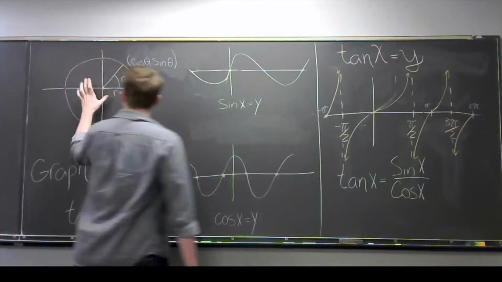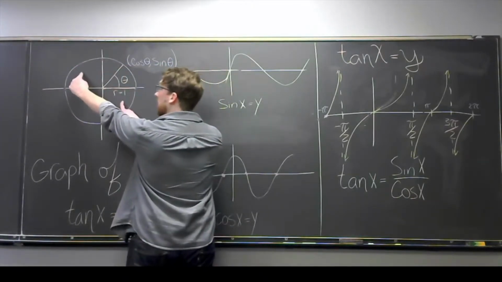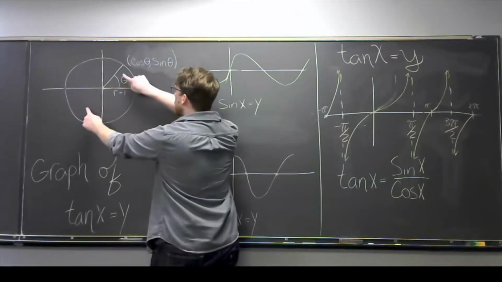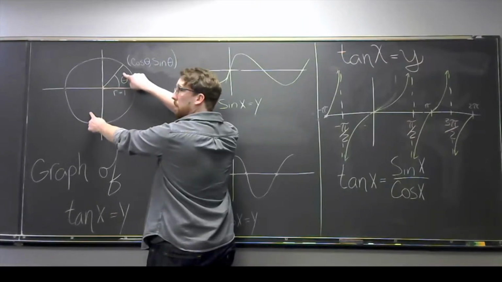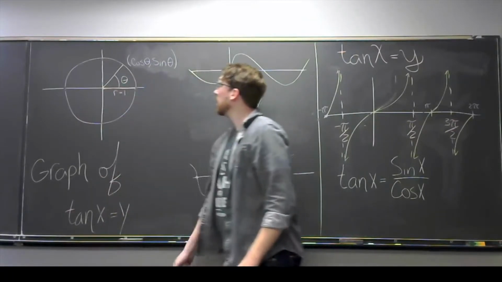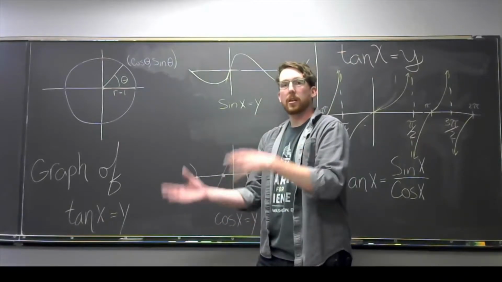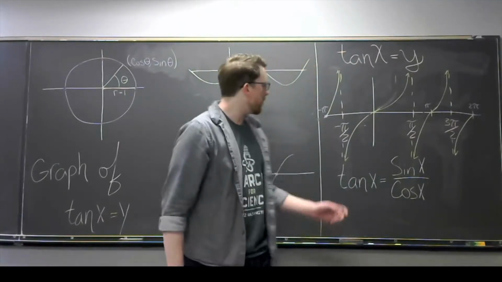So in these two quadrants, tangent's going to be negative, and in these two quadrants, tangent's going to be positive. So we're alternating between positive and negative, and that's what's showing up here.